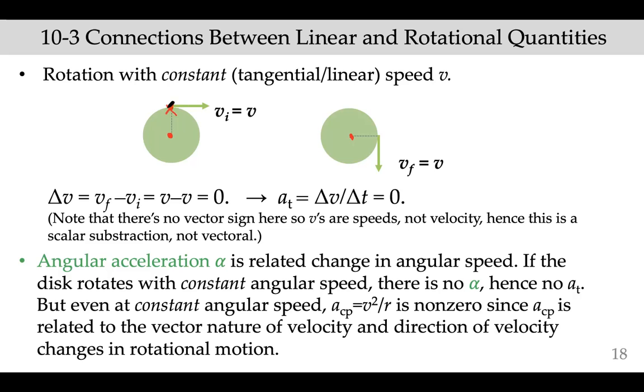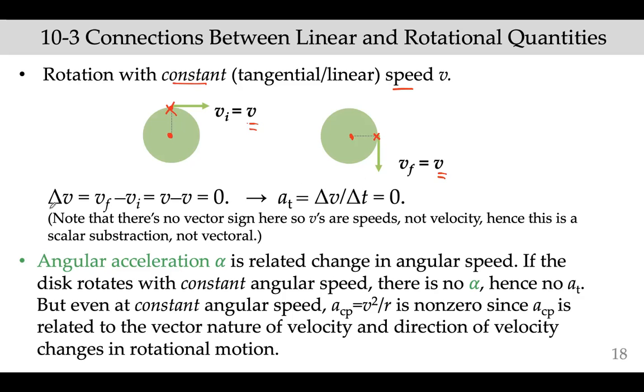So that cross is here, and we see that its velocity is to the right, and then we take another snapshot after some time. Now its velocity is pointing down in this direction. And let's say the speed is not changing because we said constant speed. Only the direction is changing.